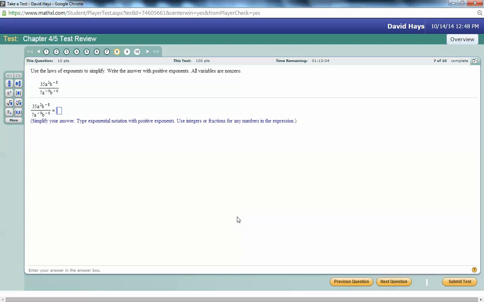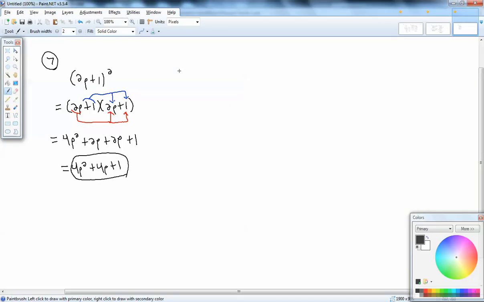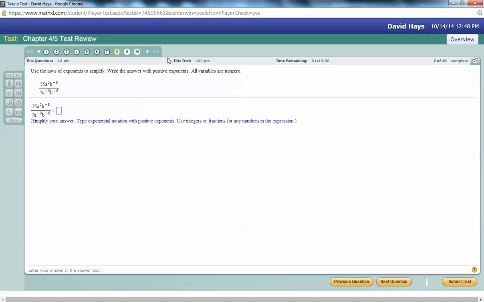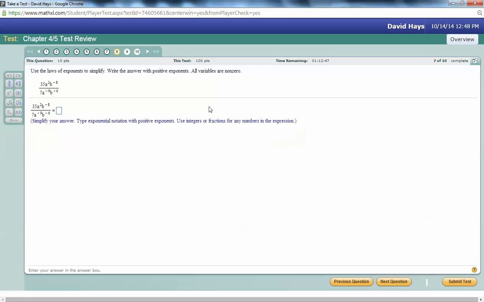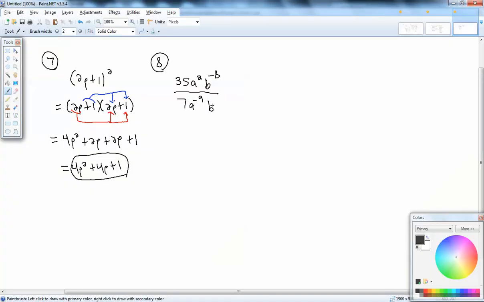Okay. This is problem number 8. We got 35 a squared b to the negative 8 over 7 a to the negative 9 b to the negative 6. Now we never want negative exponents. So first thing before we do anything is we're going to take the parts with the negative exponent opposite where they are in a fraction.